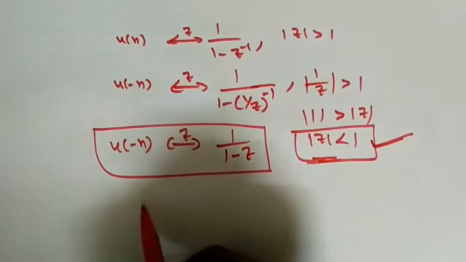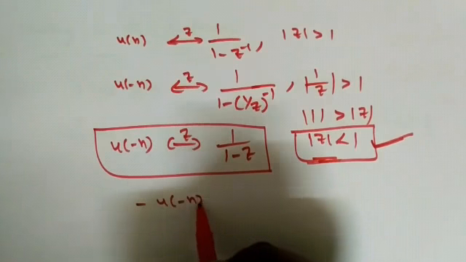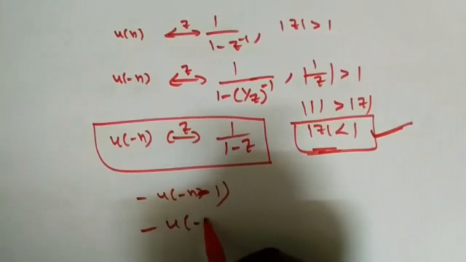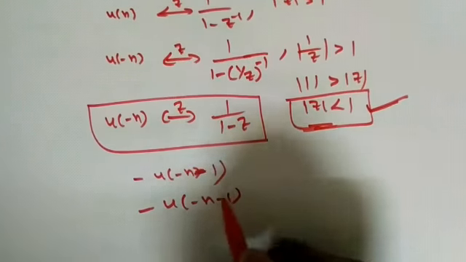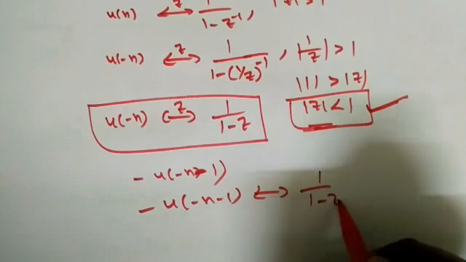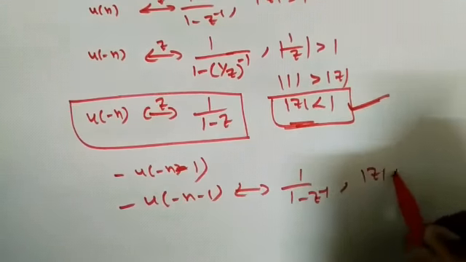And don't confuse with minus u of minus n minus 1, right? So that is different, this is different, right? So u of minus n minus 1 means we get 1 by 1 minus z inverse only, and the ROC is mod z is less than 1. But see here, u of minus n is different, the z transform is different.